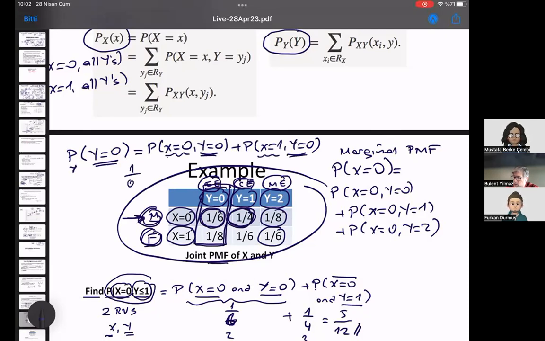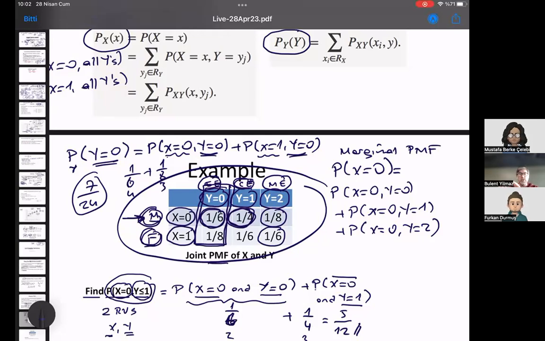So 1 over 6 plus 1 over 8, which is 14 over 48, or let's say 7/24. Is that clear, arkadaşlar? Is this clear? Marginal PMF concept.